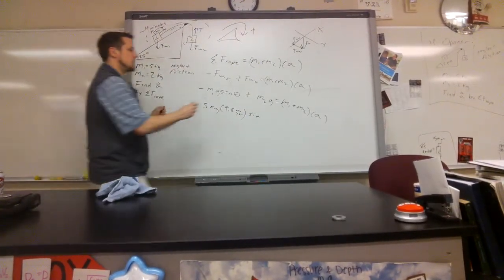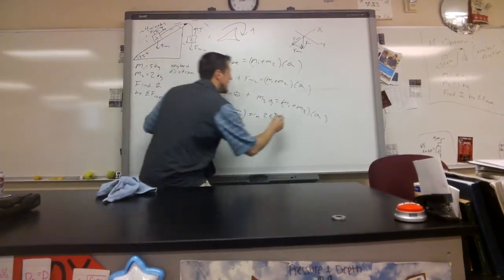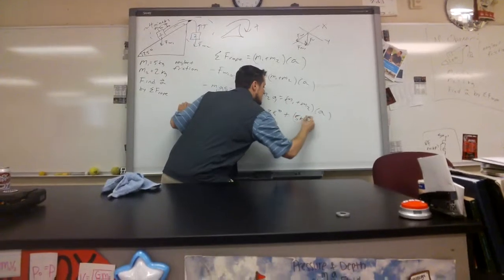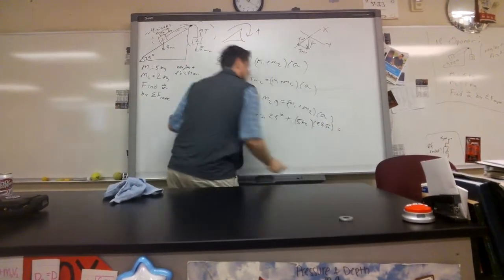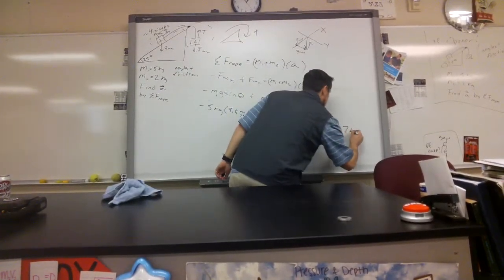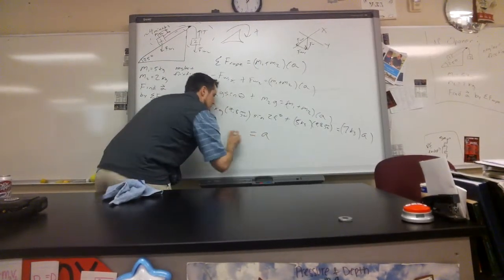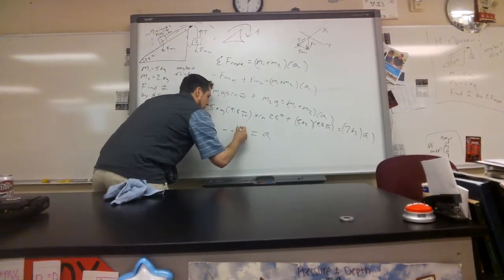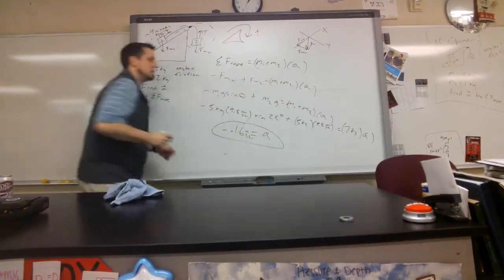And then sine of 25 degrees plus m2, which is 5 kilograms, times 9.8 meters per second squared equals, we got what, 7 kilograms? I already forgot, yeah. 7 kilograms times a, and then you can solve for the acceleration from there, and you should get about negative 1.6 meters per second squared.